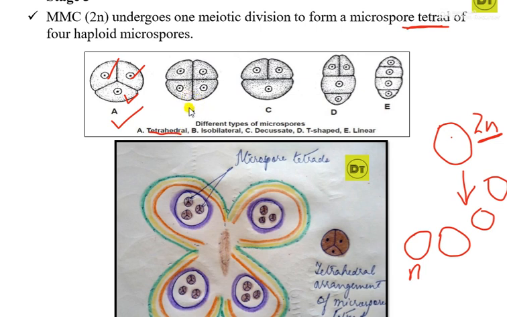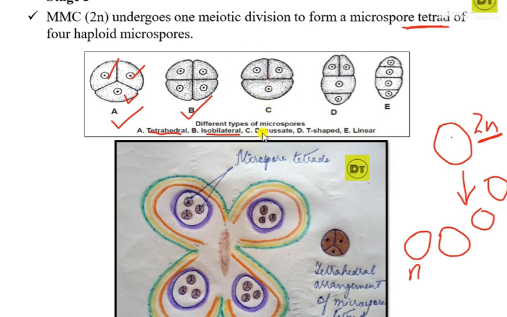What happens in the second type? In the second type, all the microspores will be arranged at equal distance from each other. It is known as isobilateral type. What happens in the third type? 2 will be arranged this way at the upper portion, the third one will be below, and the 4th one will be behind them.